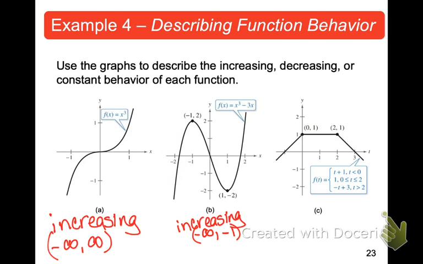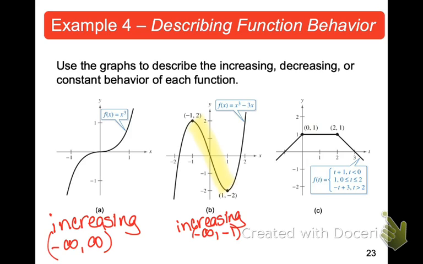What's happening from here to here? Decreasing. So I am decreasing. I'm looking at my y values. What interval am I decreasing? Somebody said 2 to 2. Okay, 2 to negative 2, that is your y values.